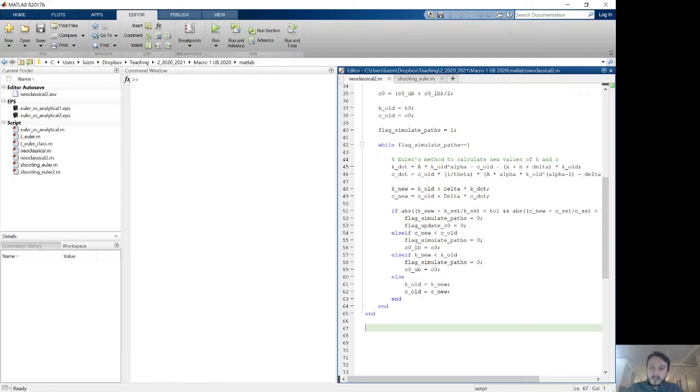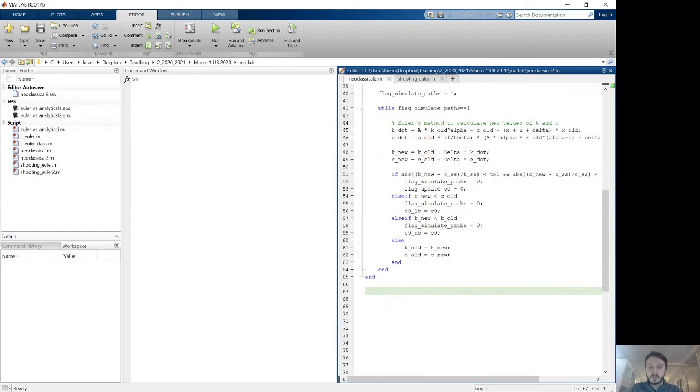Okay, so since we want to have the full path of capital, from time 0 up until the time period when it reaches the steady state, let's create a vector that will store this, and then we will simulate the path again one last time to store the full path of capital and consumption.